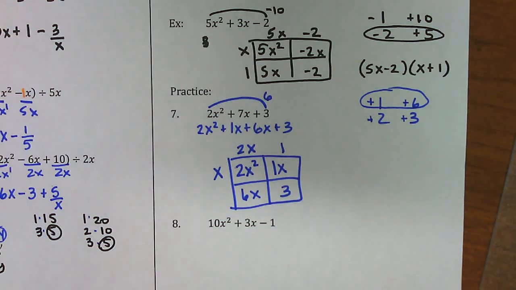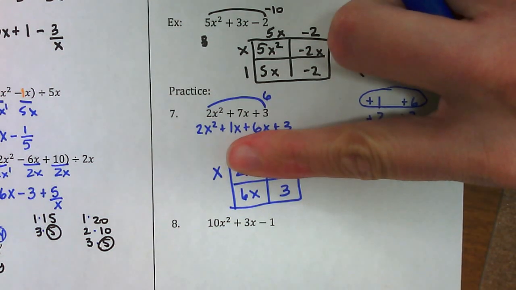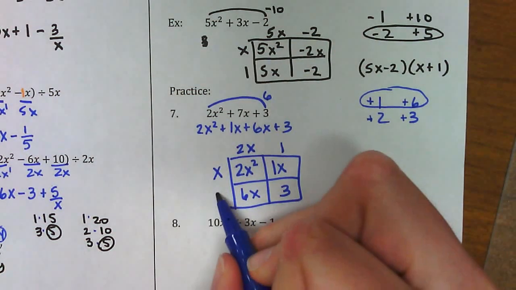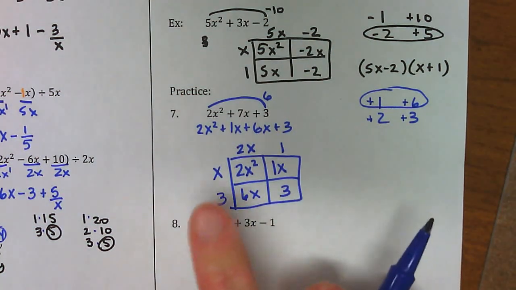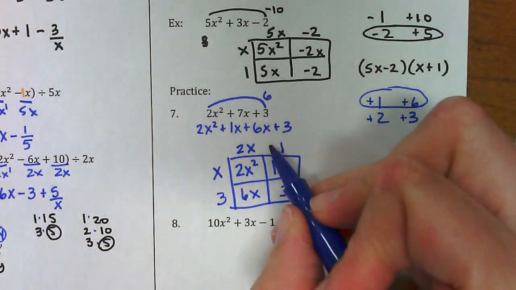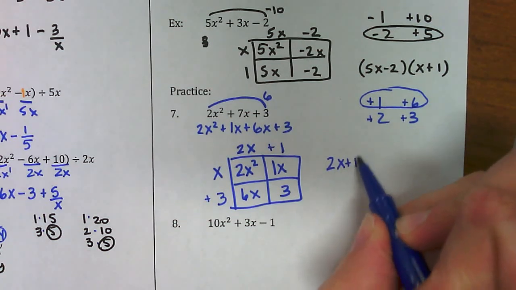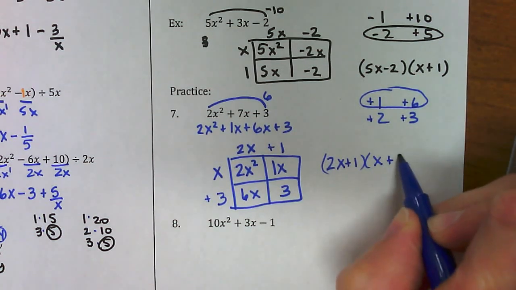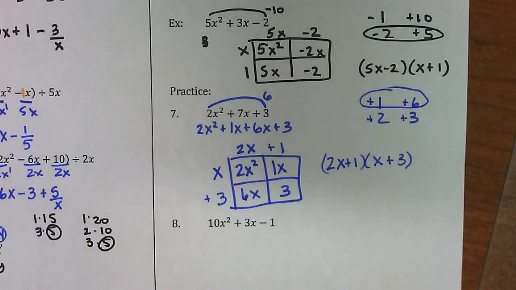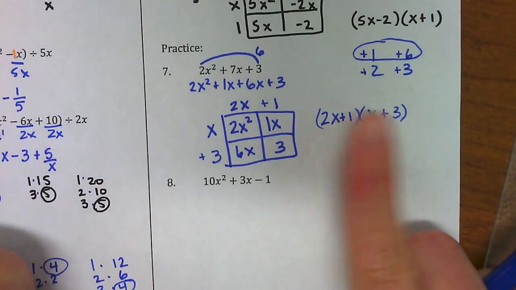So that's the GCF. If I do my GCF for the bottom row, they have 3 in common. Because this is positive and this is positive, they're pluses. So it's going to be 2x plus 1 and x plus 3. Okay, those are my factors.